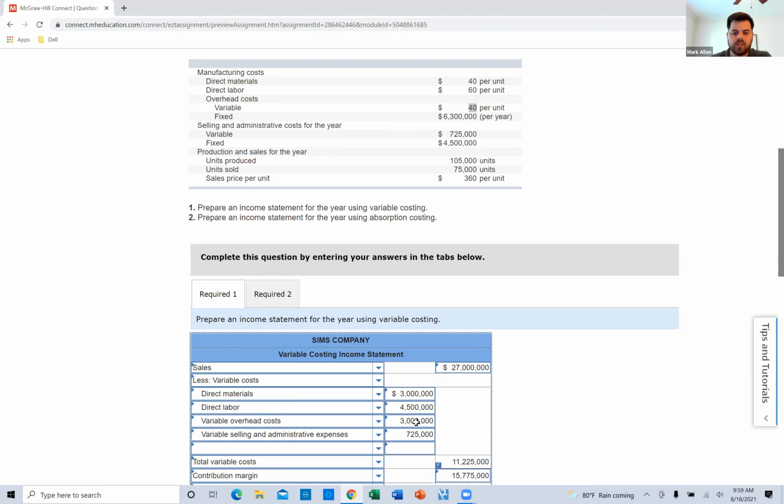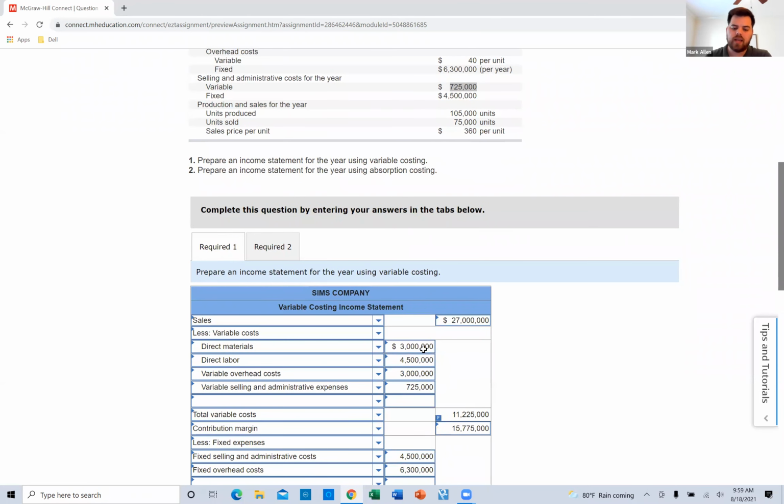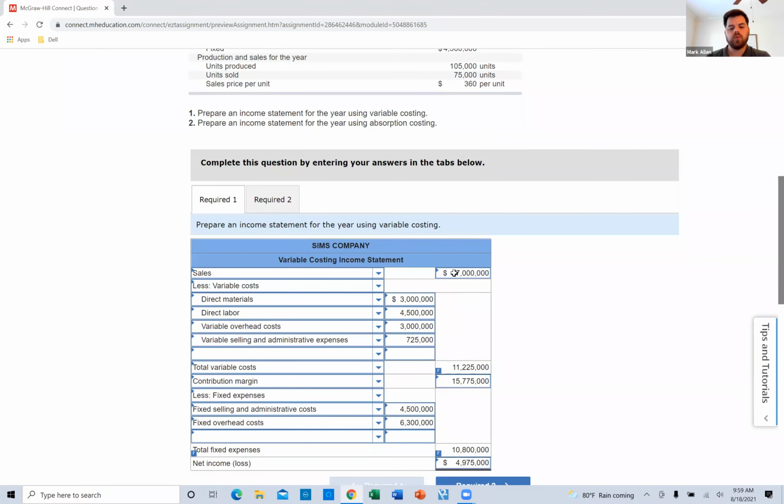And then our variable selling and admin, they actually just gave us right there, 725. So we've now grouped all of our variable costs together, totaling that section up, these four numbers. This will give us $11,225,000. At this point, we will simply subtract the $11,225,000 from the $27 million, and this will give us contribution margin of $15,775,000.